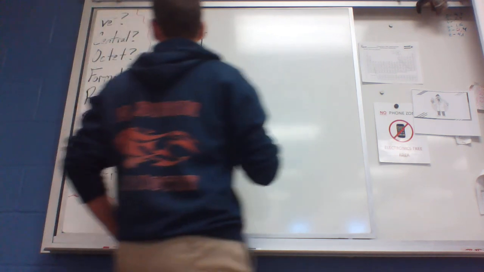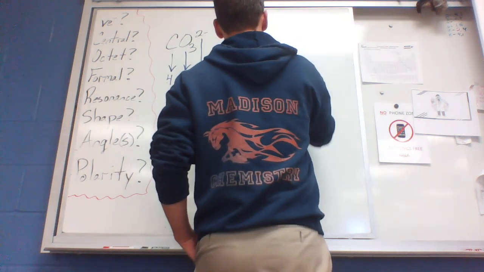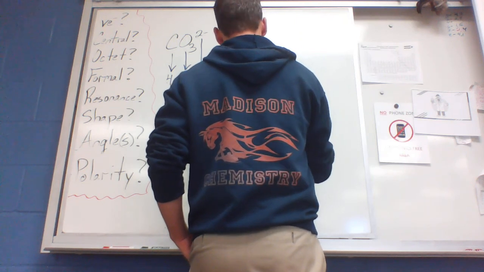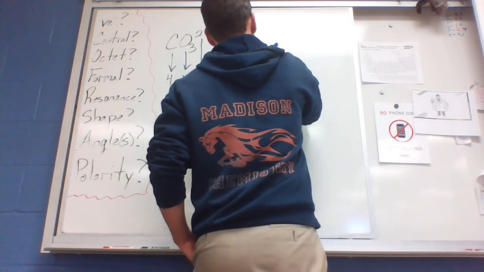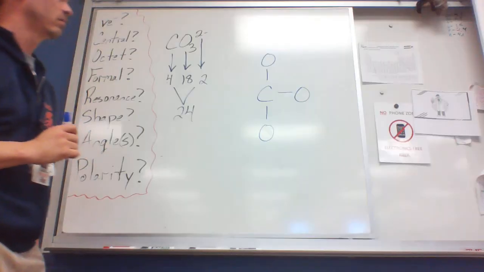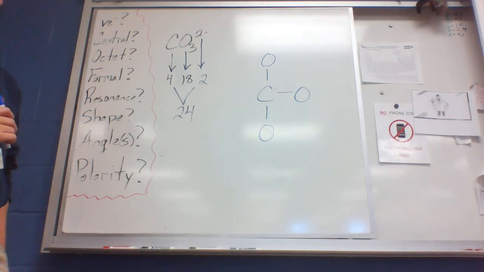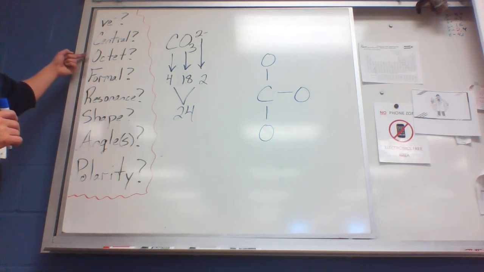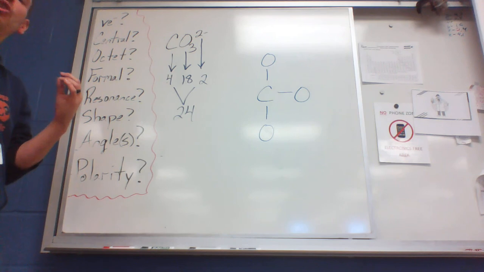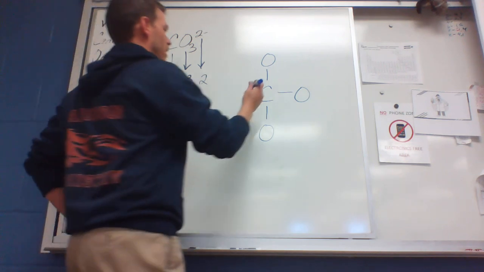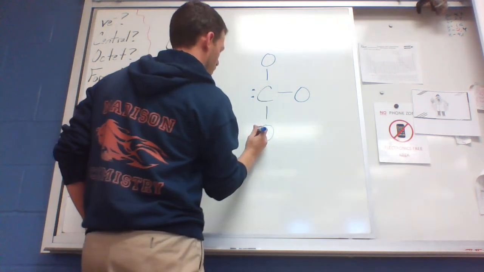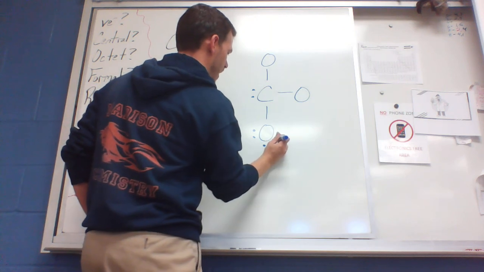Carbon will be a central atom, and I'll bond my other atoms with single bonds. I need an octet everywhere. There's no hydrogen, so everybody wants 8. So I'm going to give everybody what they don't got for Valentine's Day.